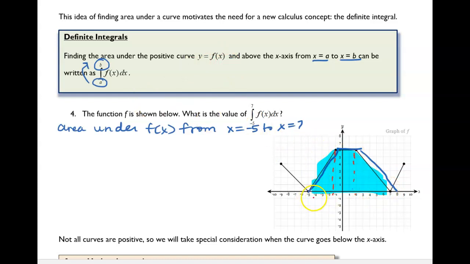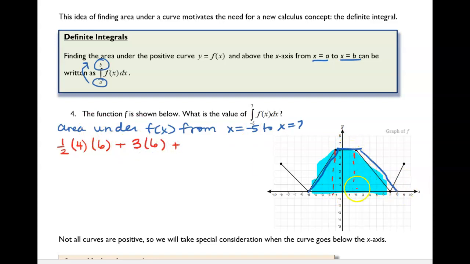So for this triangle, we have 1/2. Our base from -5 to -1 is 4. And then our height is 6. Plus, now let's do the rectangle. Our base is 3. Our height is 6.